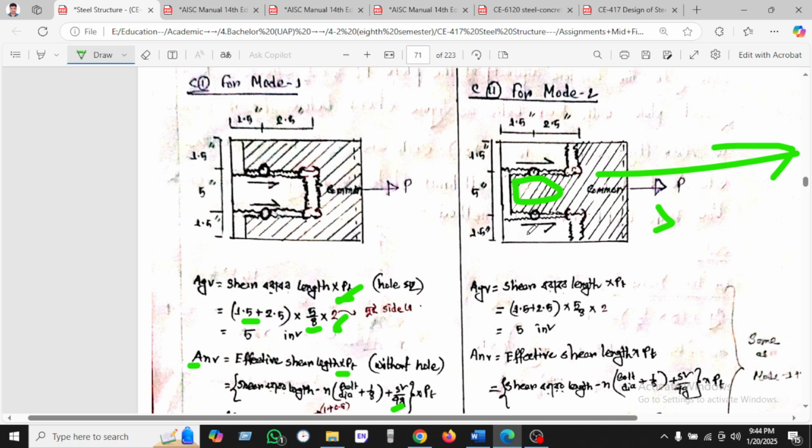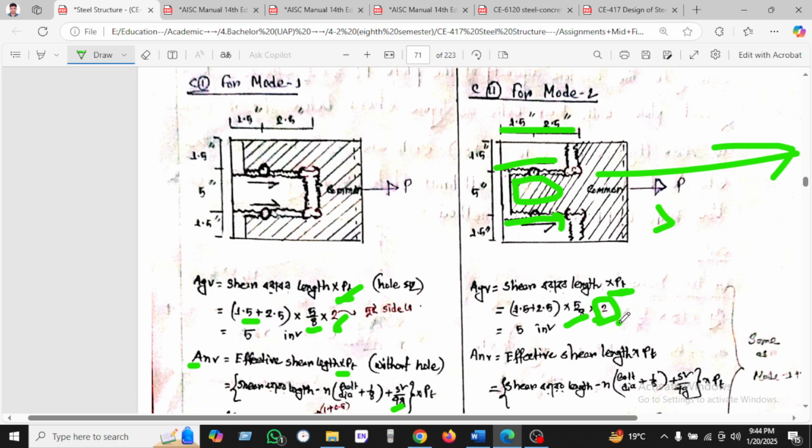We know the ABG, we have already found it. It is the length along the shear. So you have seen here 1.5 into 2.5 and 5 by 8 into 2, as the plate thickness is 5 by 8, and 2 is multiplied because it occurs in two places along the shear, between bottom and top.